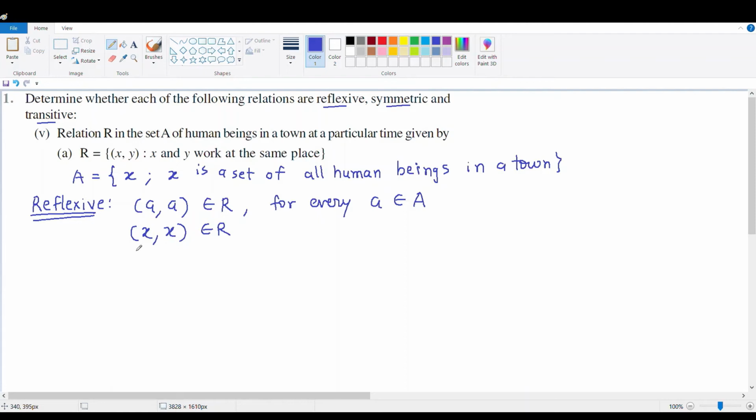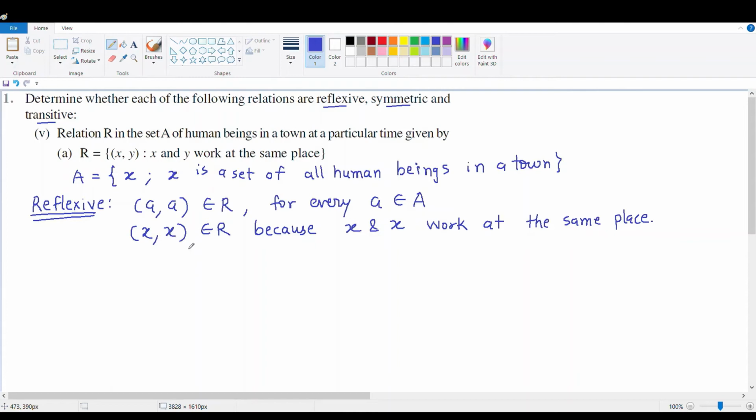So the reason why x, x belongs to R is because x and x work at the same place, because every entity is related to itself. That person and that person itself is going to work at the same place, of course.